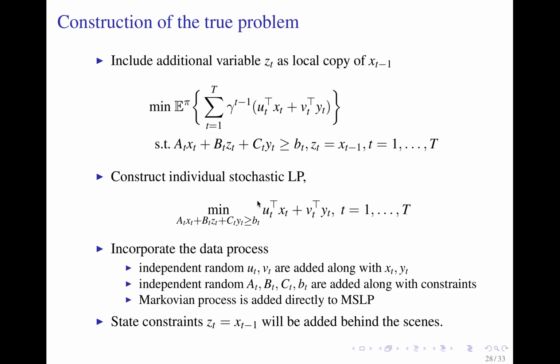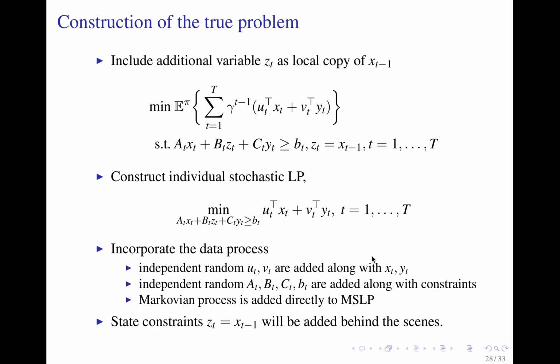After constructing those models, we need to incorporate the data process. Let's first assume the data process is stage-wise independent. In this case, we should incorporate the data process when we construct the SP objects, or individual stage models.